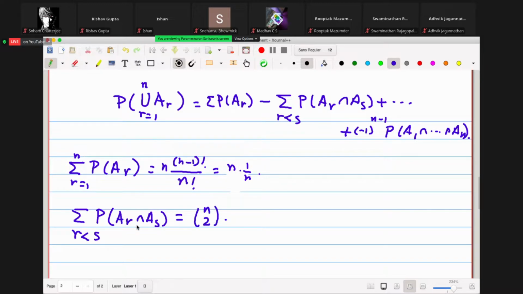And now R has to go to the rth place and S to the sth place. The remaining can happen in any of the ways. So that is n minus 2 factorial divided by n factorial, probability of that happening. So this is n choose 2, and here you write n times n minus 1, and proceed like this.